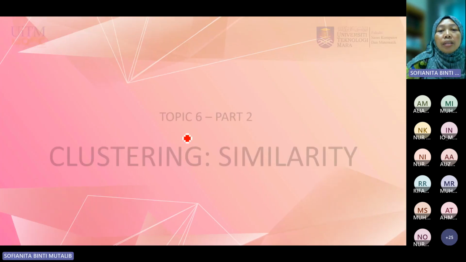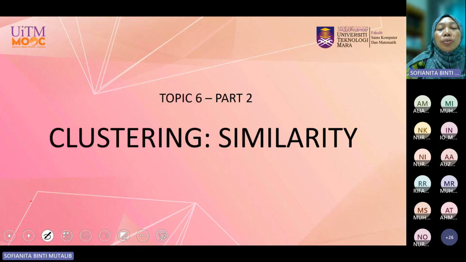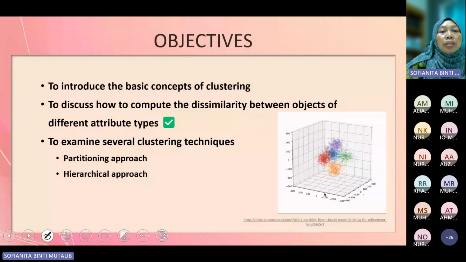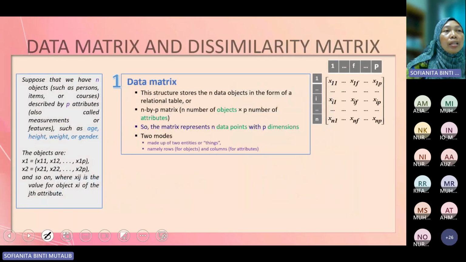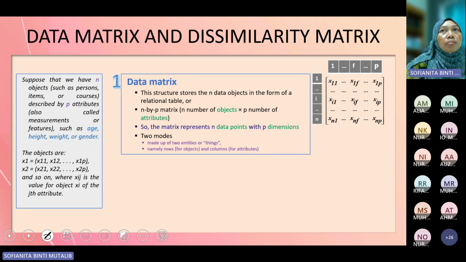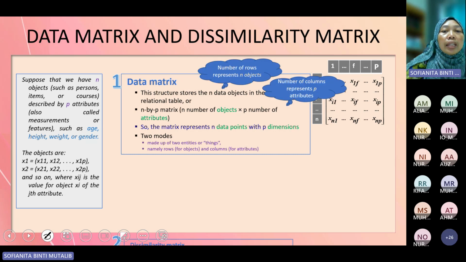On the similarity, we should be able to understand that getting the similarity should be done based on the data types. In preparing the data set, we have what we call the data matrix, where we have columns and records.